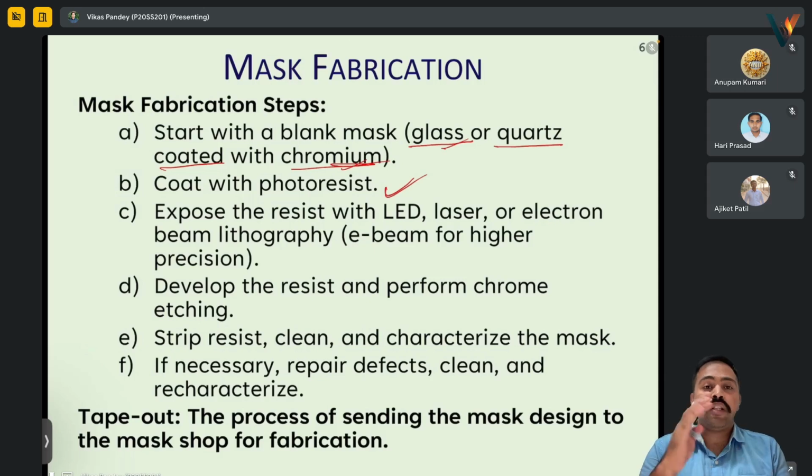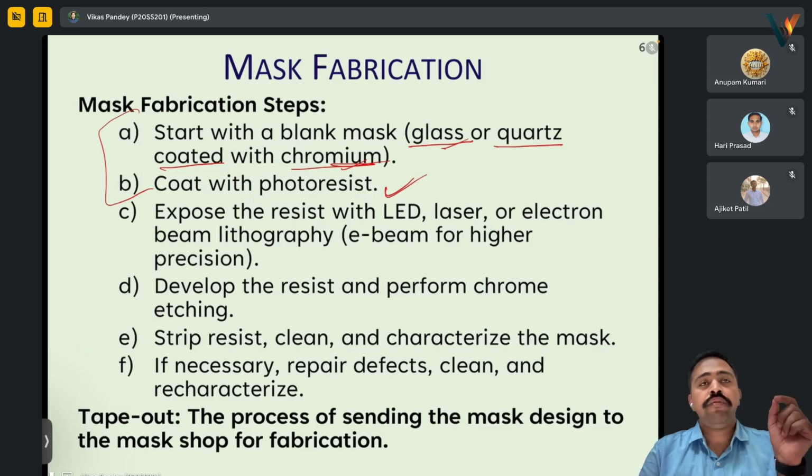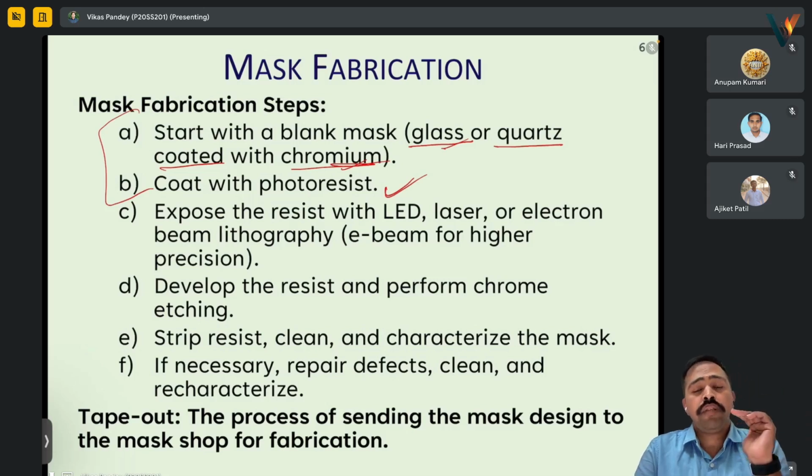It is an industry standard coating, so that is a better one. But the problem is that this combination has a lower shelf life. Or we can coat the photoresist just like we coat for our wafers.